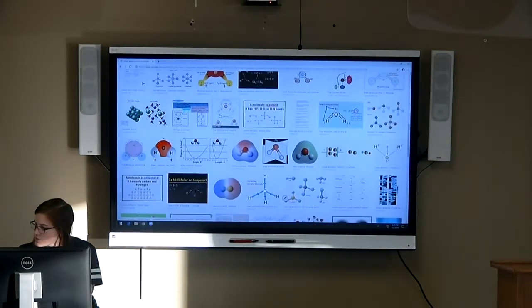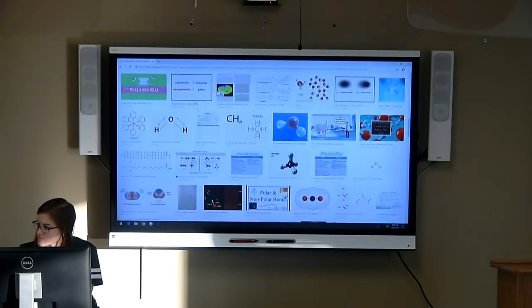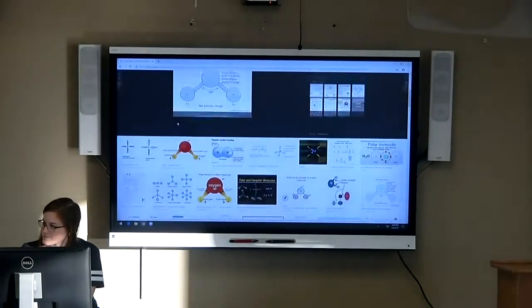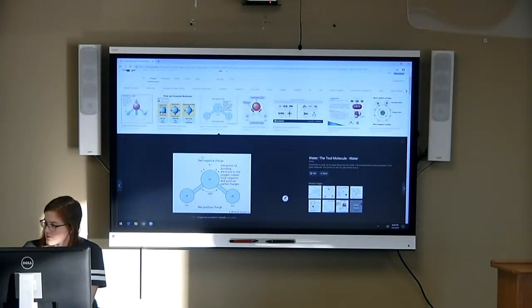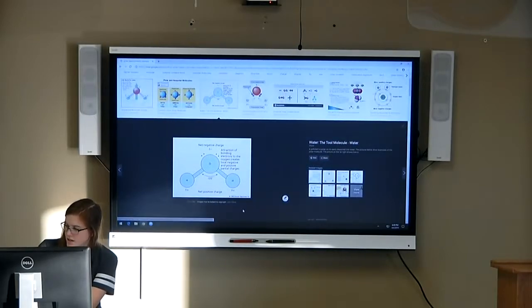Basically, like right here, this is oxygen, these are hydrogen, this one's negative, these two are positive. So this hydrogen could connect to another oxygen, and its hydrogen could connect to another oxygen, and so on and so forth.